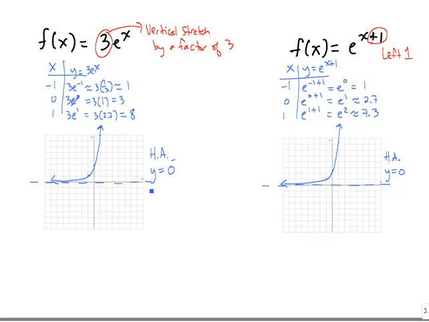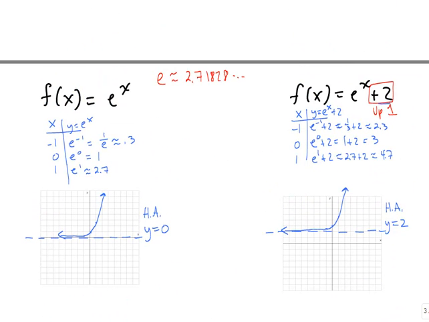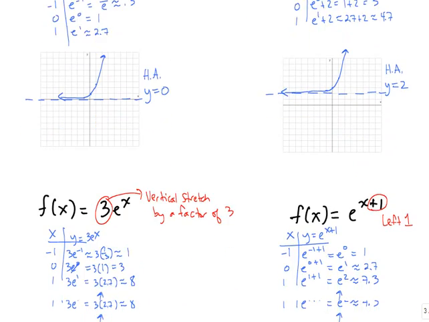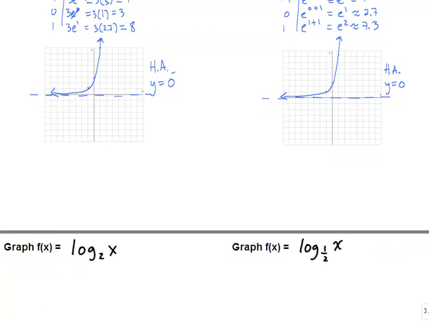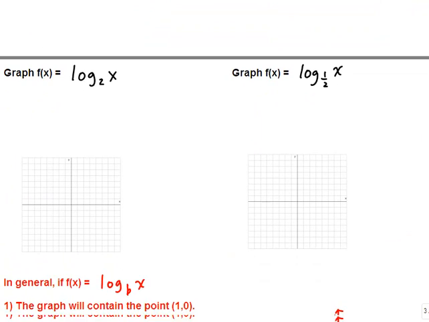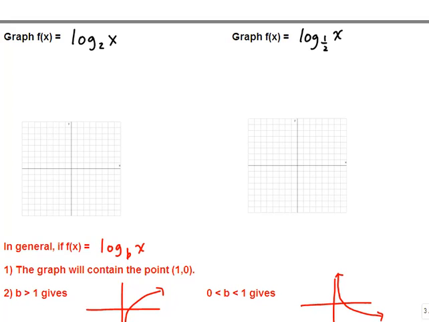Your horizontal asymptote will always be 0 unless there's been a vertical shift up or down, and if there has, then it's just going to be the number that's off to the side, like this plus 2 over here. Okay, so sketch in that horizontal asymptote right away, make a table of values using negative 1, 0, and 1, and you'll always get a good exponential graph.